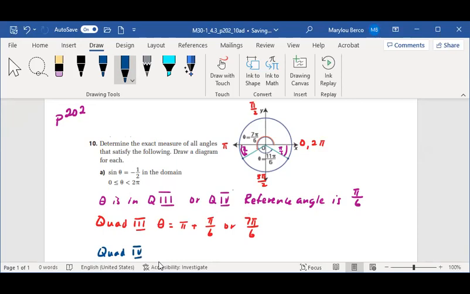Again, the reference angle is pi over 6. Theta will be equal to 2 pi minus pi over 6, or 11 pi over 6.